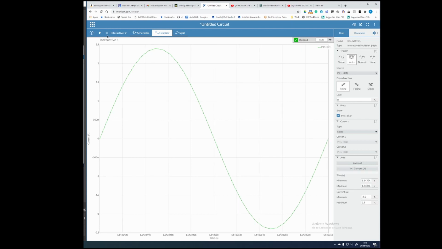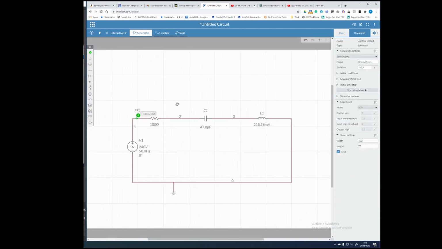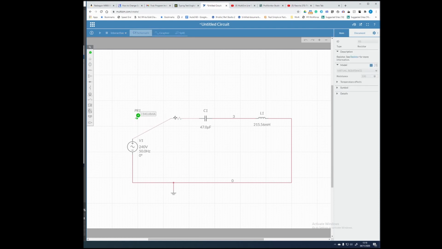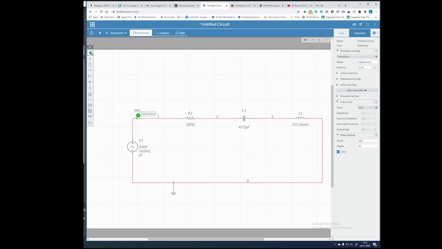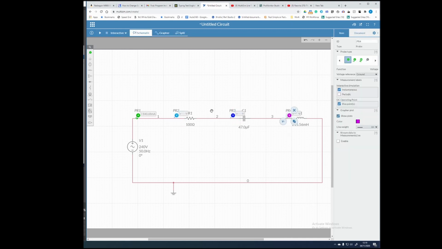Now we can have a look at some voltages across different items. So let's put some voltmeters in. This time we're going to label them up though. So I put all three of my voltmeters in. This one is going to be measuring, I'll call it VRes for voltage across resistor.